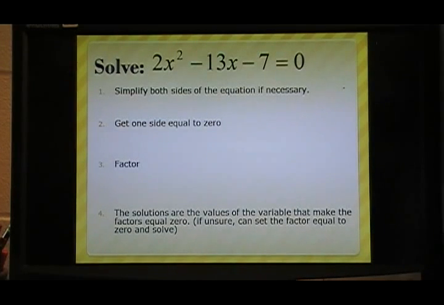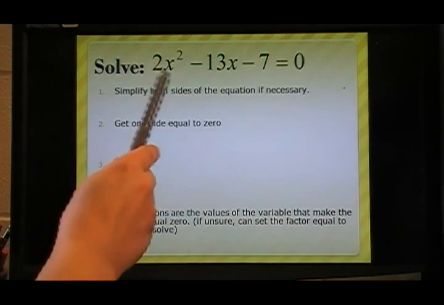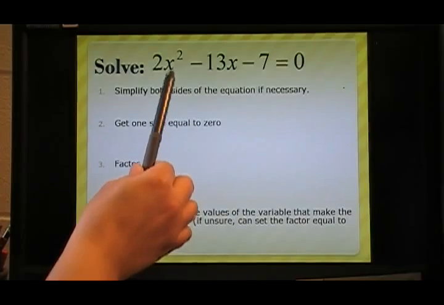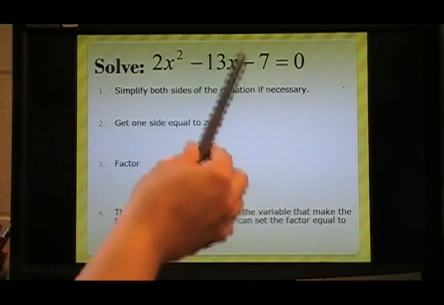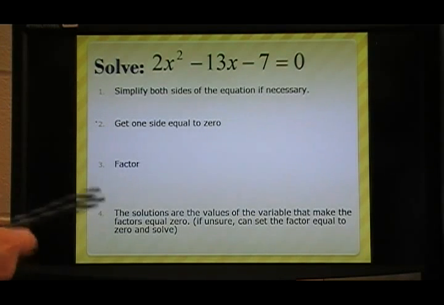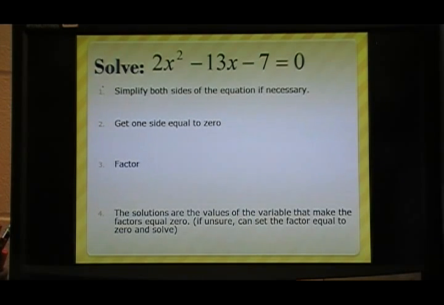So if I want to solve this equation, it is degree 2, I've got an x squared, so I'm going to try to solve this quadratic equation by factoring. The method that I have outlined here is the factoring method.